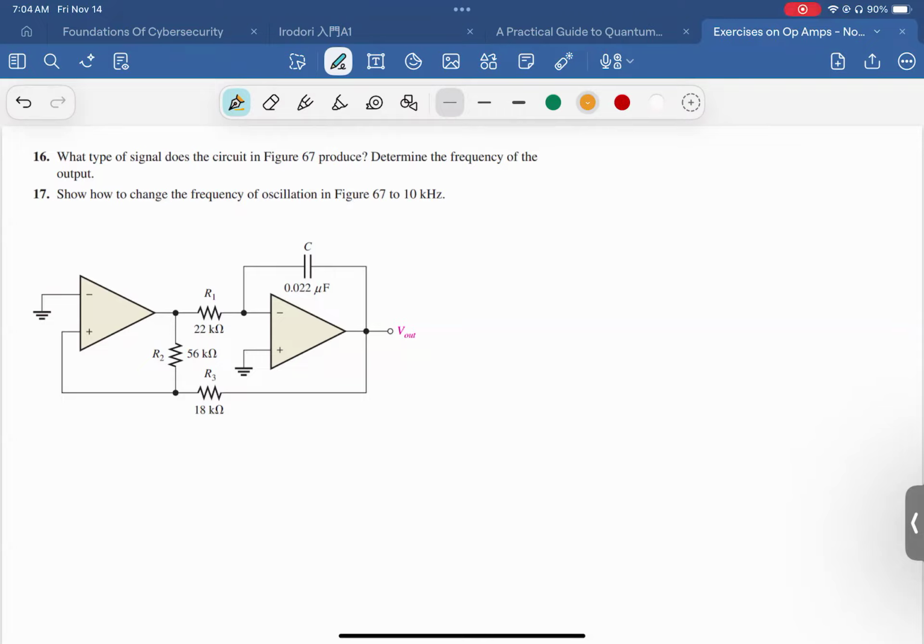Naalala niyo ba ang tawag dito? Okay, hindi niyo maalala ang tawag? So this is a triangular wave oscillator.